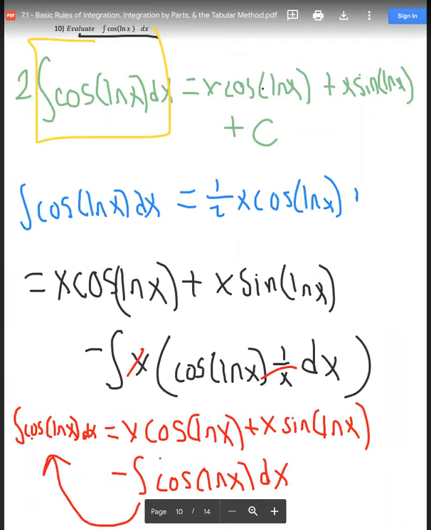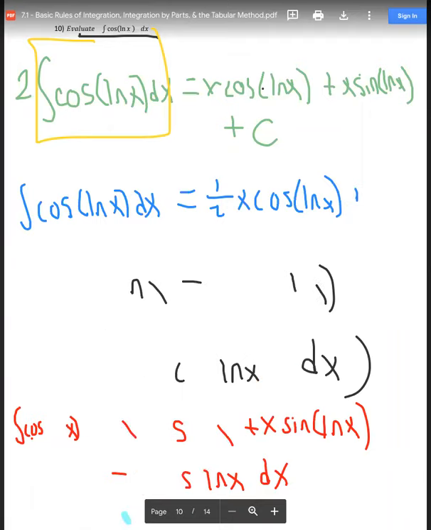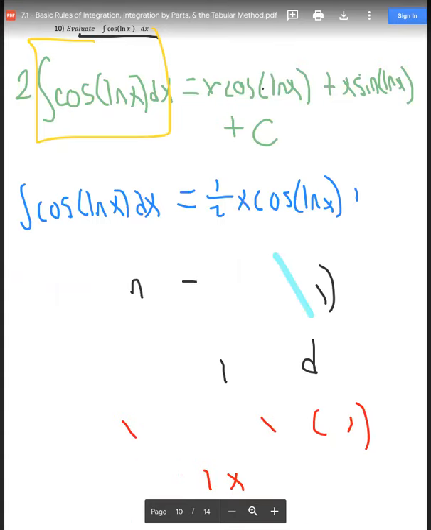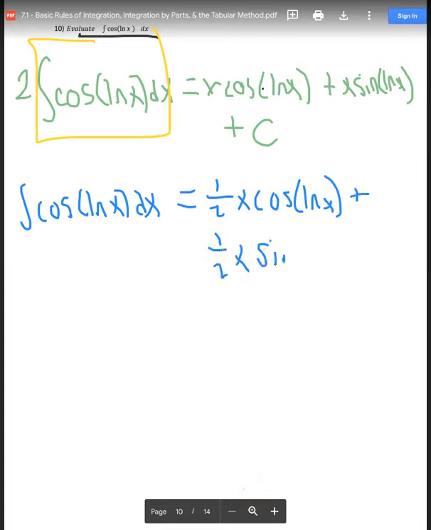I know it requires a lot of steps, but you add a 1/2 to the x cosine of ln of x, you add a 1/2 to the x sine of ln of x, and c is going to be a constant either way, so you don't have to do 1/2 c, it's just c. So that's the answer. Again, really convoluted, but you have to know it for the test.